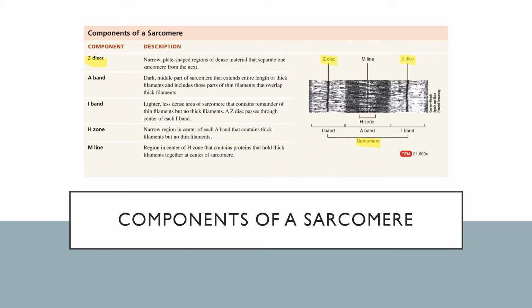Now there's the darker middle part of the sarcomere, which is called the A band. This extends the entire length of the thick filaments. Towards each end of the A band is going to be this zone of overlap where the thick and thin filaments lie side by side.